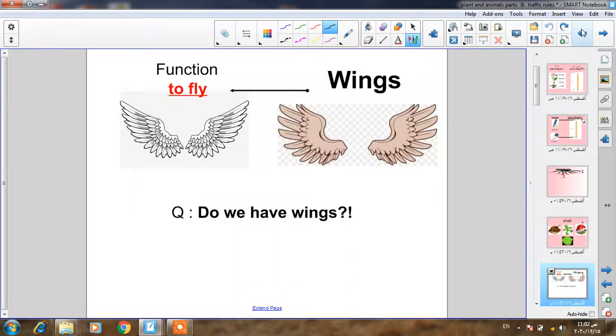The second part is wings. The function of the wings is flying, to fly in the sky. So, do we have wings? Do we fly? No. Which animal has these wings? Just think with me.